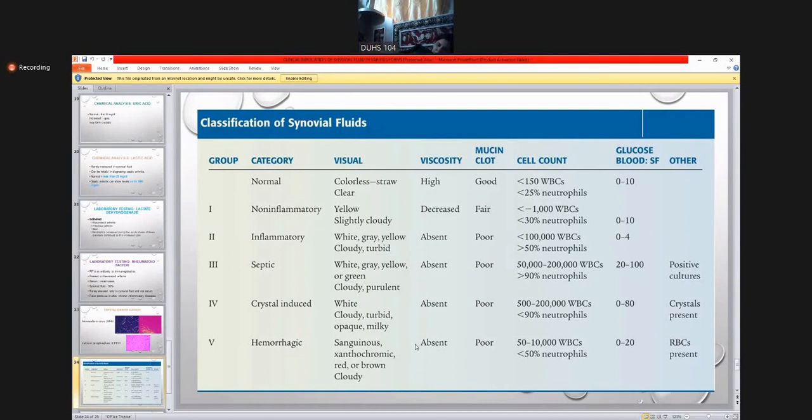Okay. Viscosity is absent, mucin clot is poor, and 50 to 10,000 WBCs would be present, and less than 50% neutrophils. Then blood glucose level is between 0 to 20. And in this case, RBCs are present as well. Right?